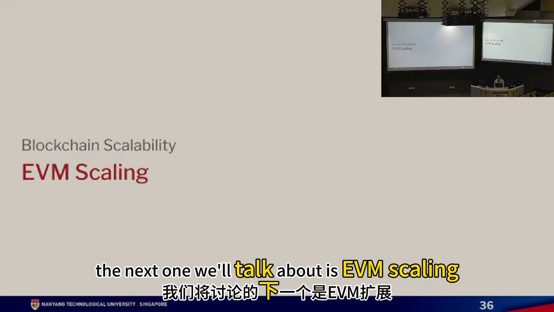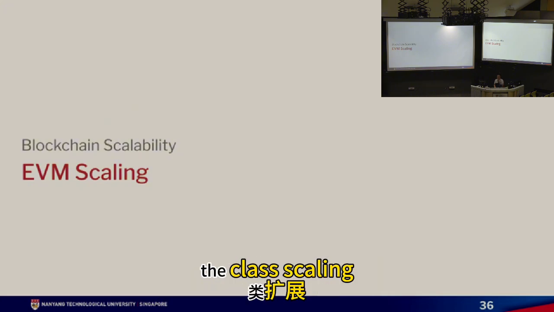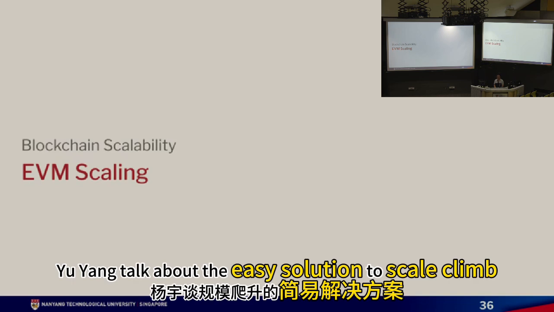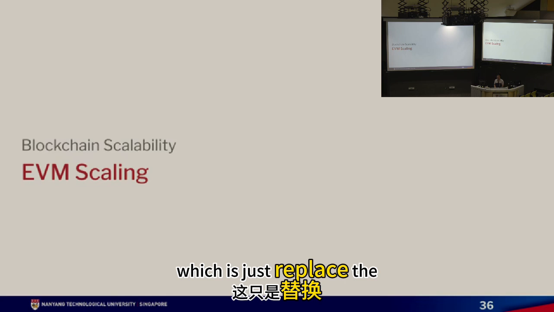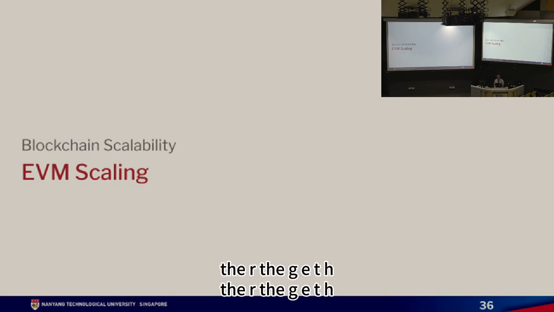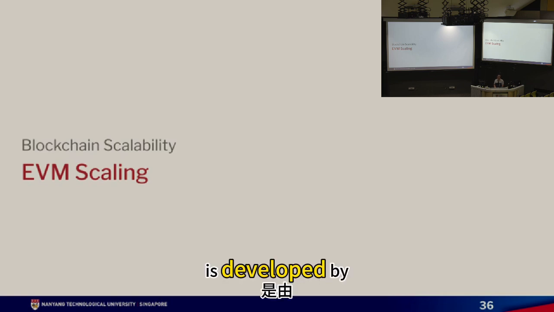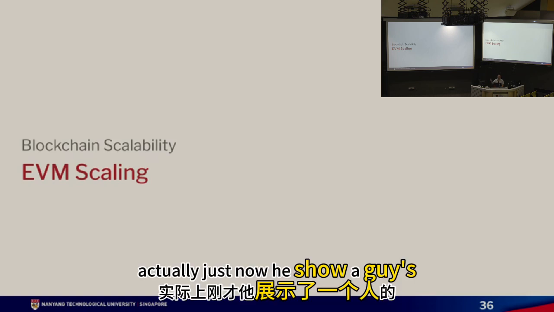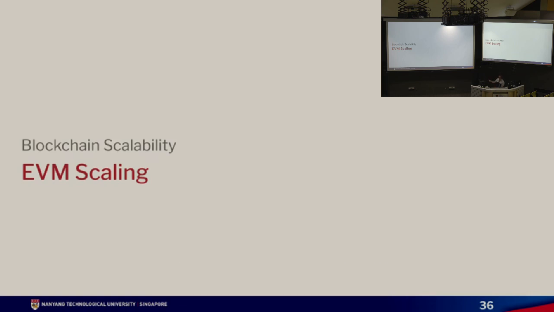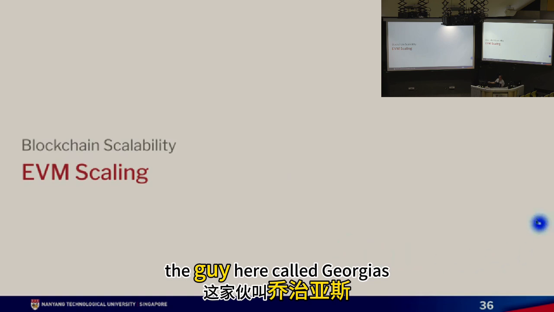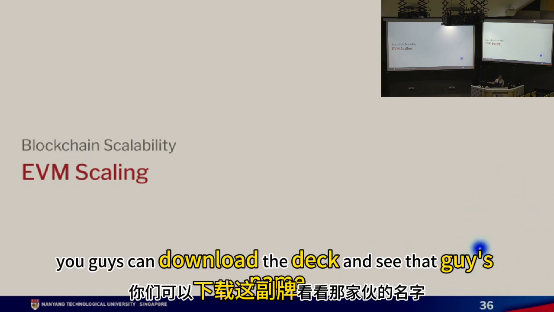The next one we'll talk about is EVM scaling, the client scaling. Yuyan talked about the easy solution to scale the client, which is just to replace GETH with RETH, the Rust client. It is developed by, he just showed a guy's picture there, the guy called Georgios. You can download the deck and see that name.